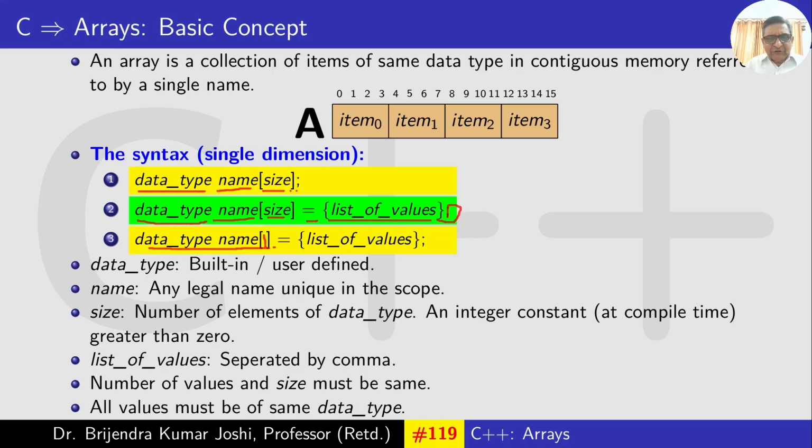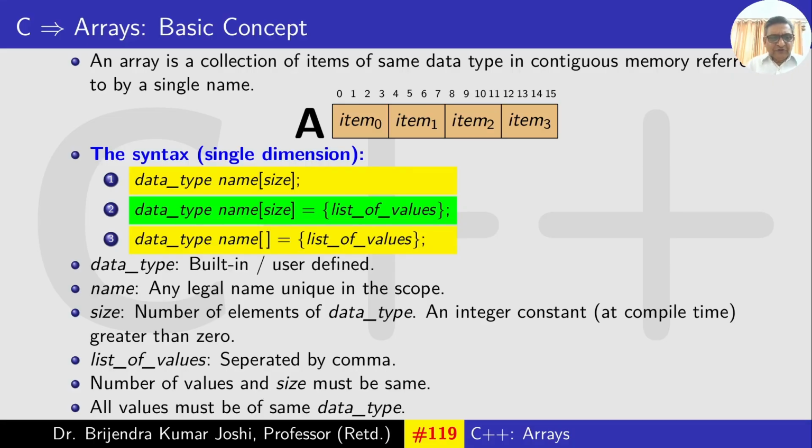Then the assignment operator, then the same thing as previously written, a list of values within a pair of braces followed by semicolon. So what is the difference? Here we had the size mentioned, whereas here the compiler will deduce how many items would be stored, so how much space is to be reserved.